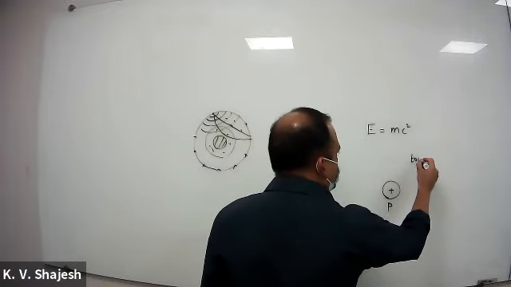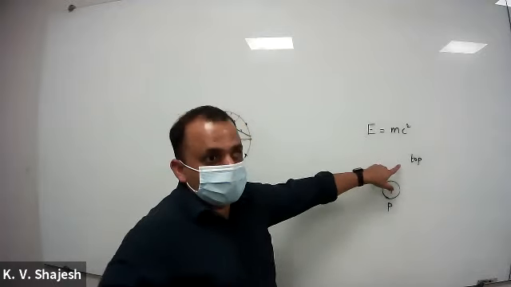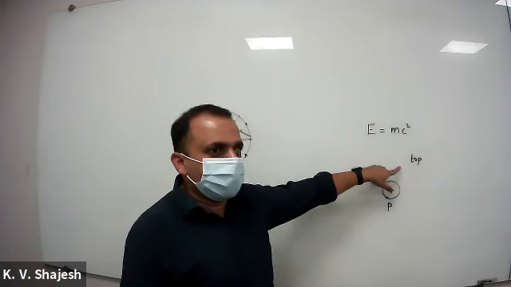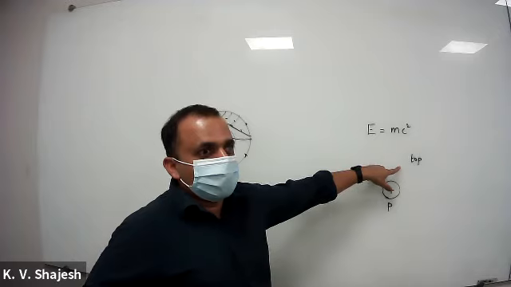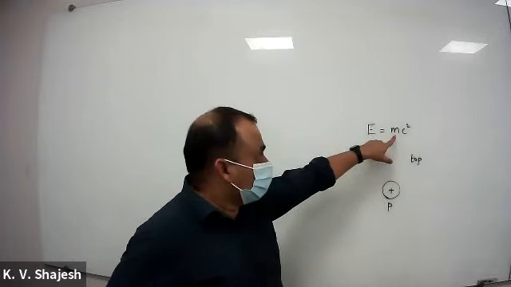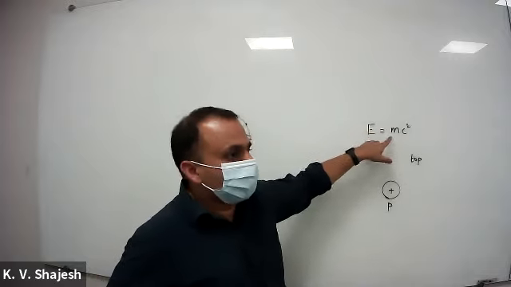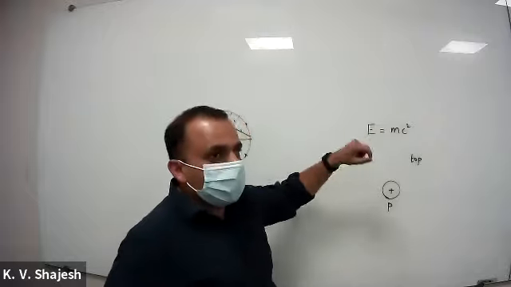Top is the name of a particle, one of the massive particles, or the Higgs, let's say. Higgs is popular; these days we all talk about Higgs. So if you want to create a Higgs particle, you need to know its mass. You need to provide that much energy: mass in kgs multiplied by c squared.